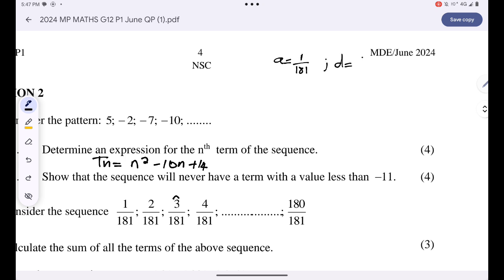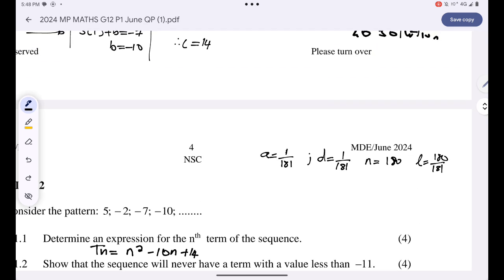The difference is also 1 over 181. The number of terms, I just have 180 terms. If the first term has a numerator of 1 and the last term has a numerator of 180, and the difference in these numerators is just 1, that means I have 180 terms. And then my last term is basically equal to 180 all over 181.